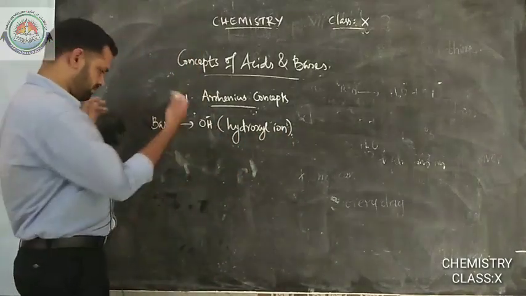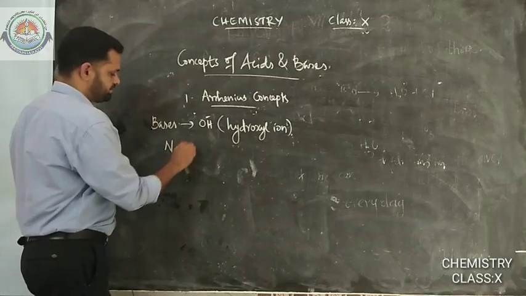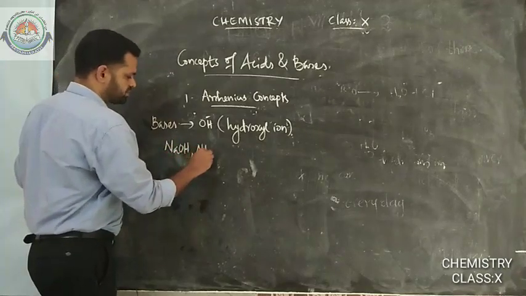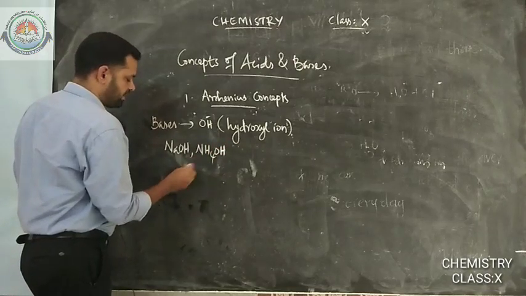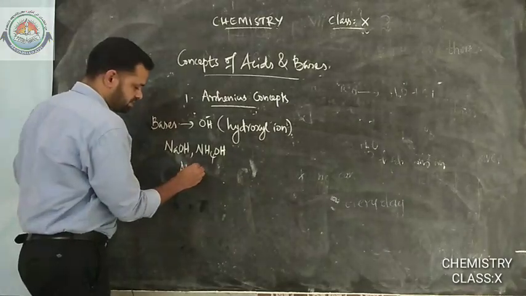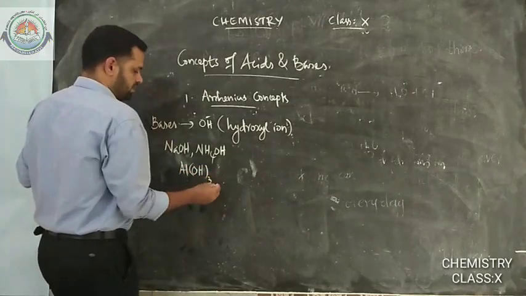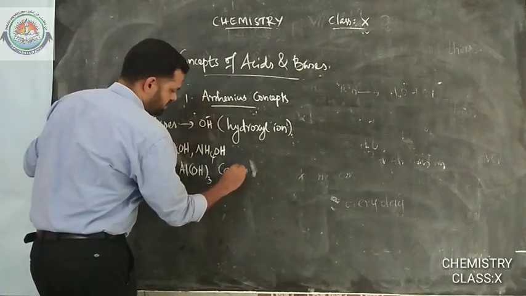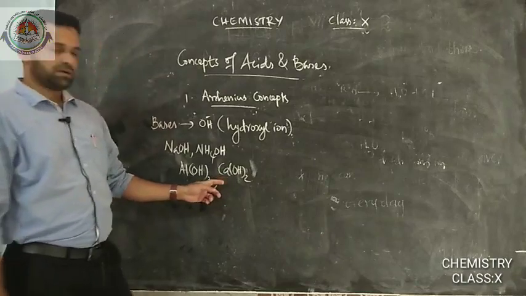I think you have studied a number of examples for the bases. We know sodium hydroxide is a base, ammonium hydroxide is a base, then potassium hydroxide, aluminum hydroxide. What is the formula of aluminum hydroxide? Al(OH)3. Then calcium hydroxide, Ca(OH)2.